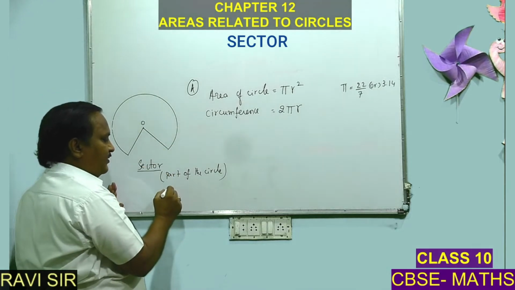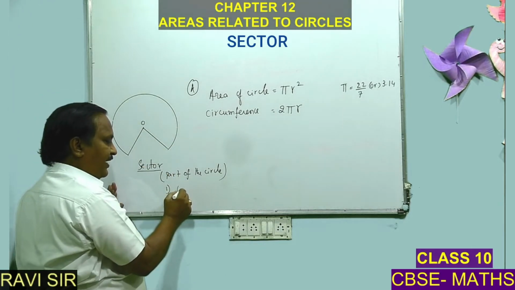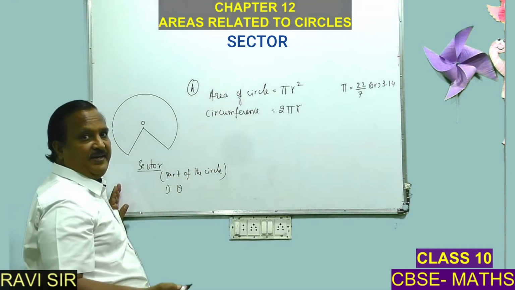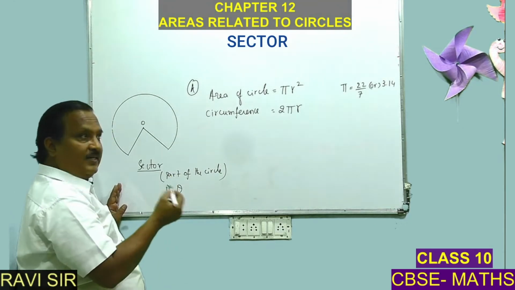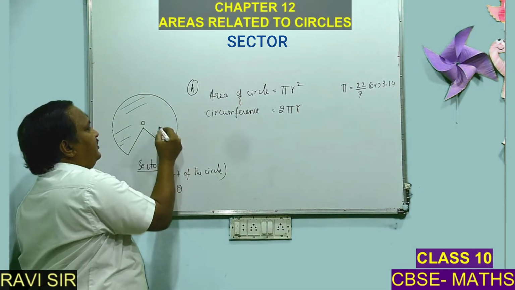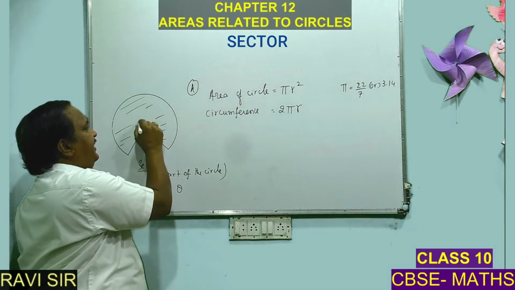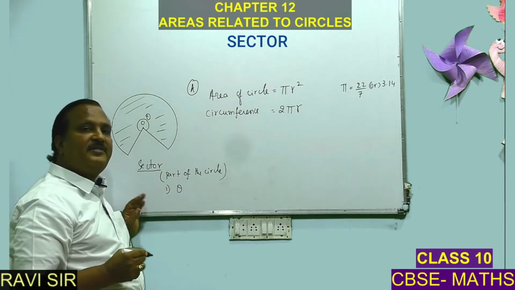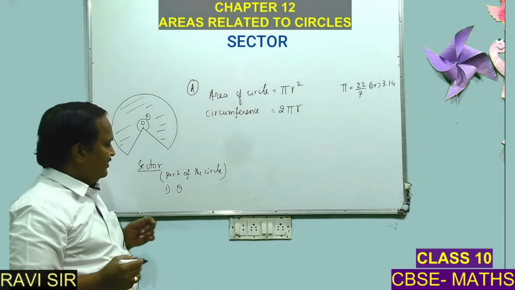For a sector, first you will be having an angle to find the area of the sector, because we are dealing with the area of the sector. So for that you have to find out this entire thing's area. For that definitely you need an angle. This is the angle. We usually represent it with theta, a Greek letter.